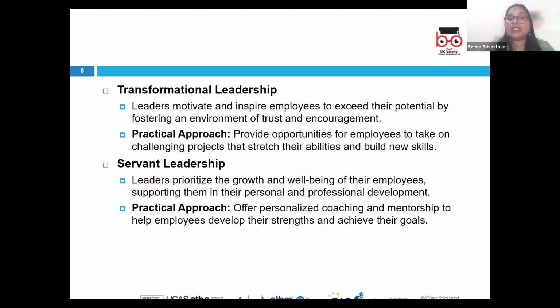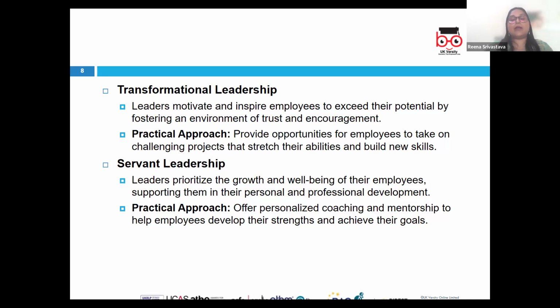And also leaders empower employees, because once the leader is delegating a responsibility that is in alignment with their strength, and at the same time giving them the autonomy to make decisions, ultimately it is empowering the employees.